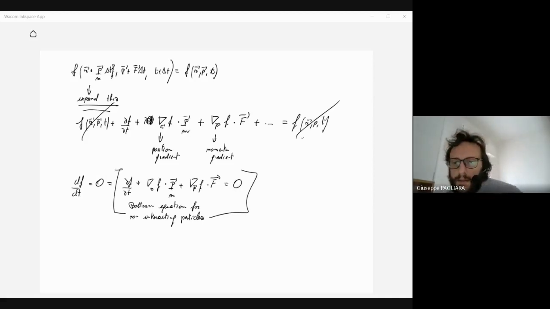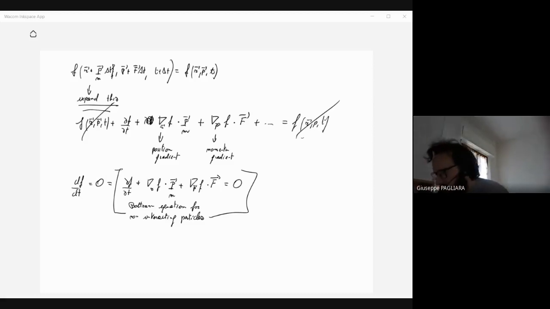Basically, this is telling us that the total derivative of the distribution function is equal to 0 in the case in which there is no loss of particles and there is no interaction among the particles, but just in principle an external field. Okay.